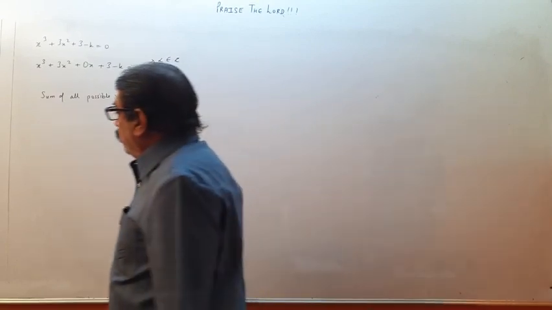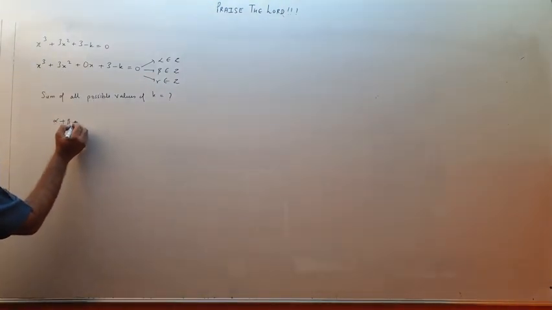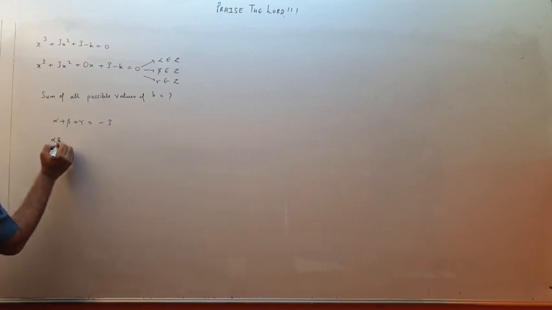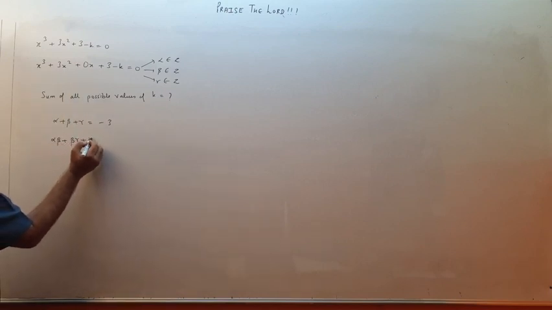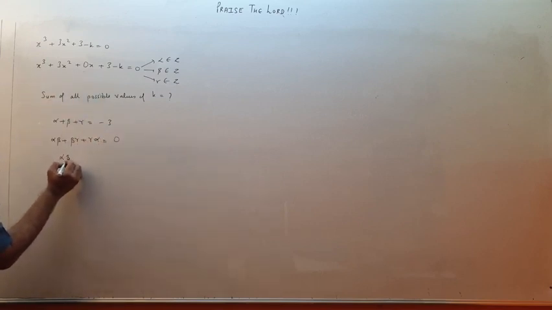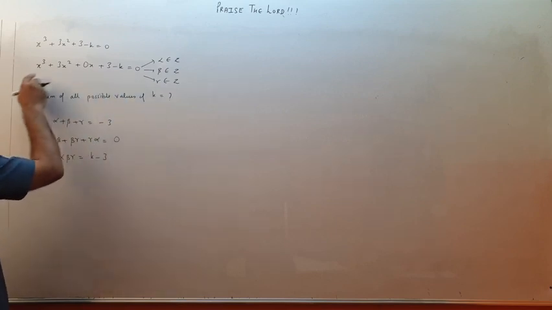Okay children, we know that alpha, beta, gamma are integers. What will be alpha plus beta plus gamma? Minus d upon a, so minus 3. Alpha beta plus beta gamma plus gamma alpha will be 0. And alpha beta gamma will be k minus 3, that is minus d upon a.